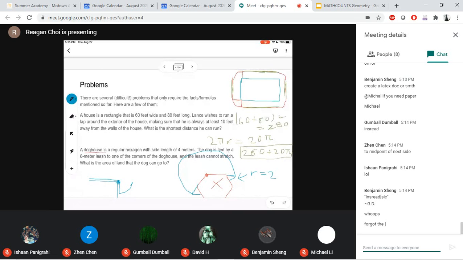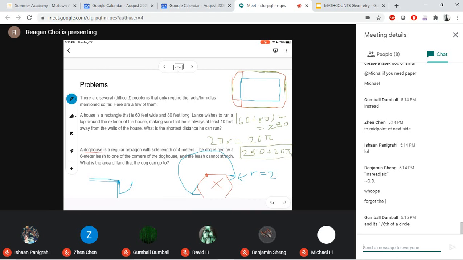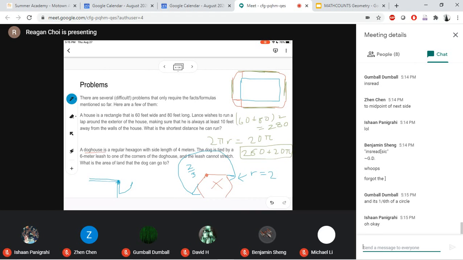So if you calculate the area, this is 2/3 of a circle. So 2/3 times pi r squared, which is 36 pi. This part is 1/6. Let's see, 1/6 of 4 pi, which is pi r squared.